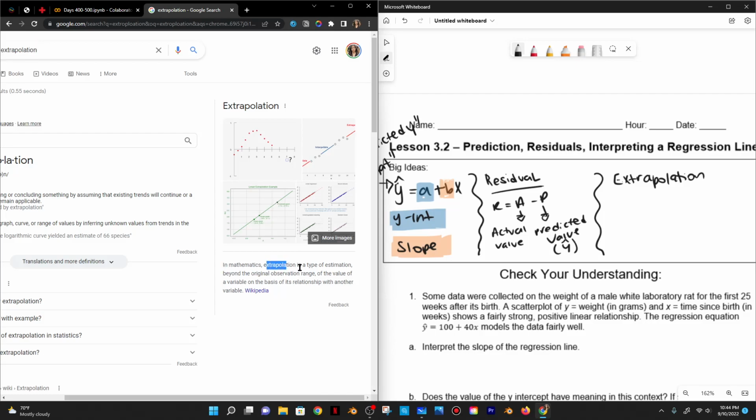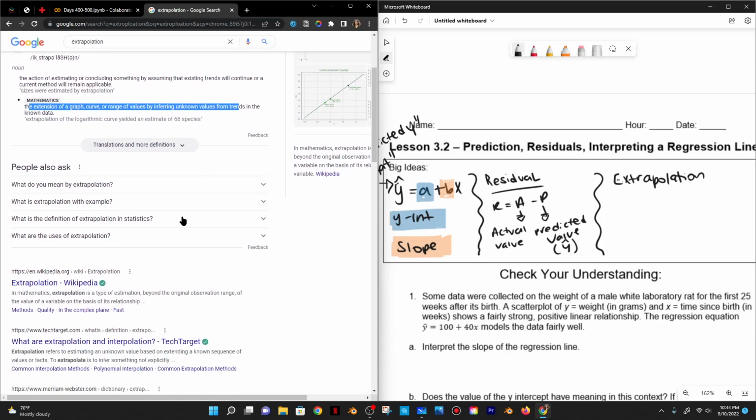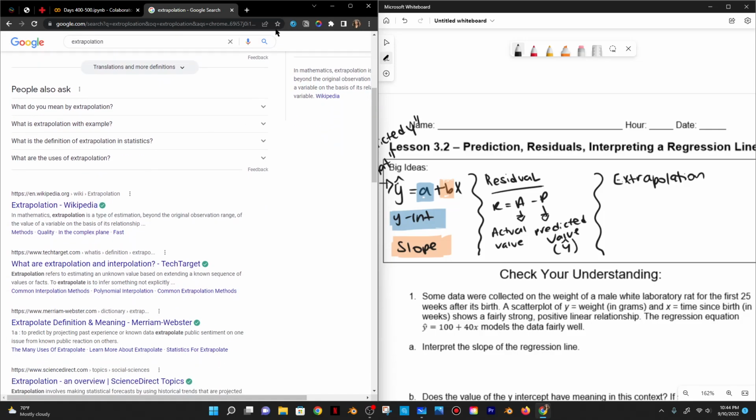In mathematics, extrapolation is a type of estimation beyond the original observation range of the value of a variable. The action of estimating or concluding something by assuming that existing trends will continue or a current method will remain applicable. The extension of a graph, curve, or range of values by inferring unknown values from the trends in the known data.